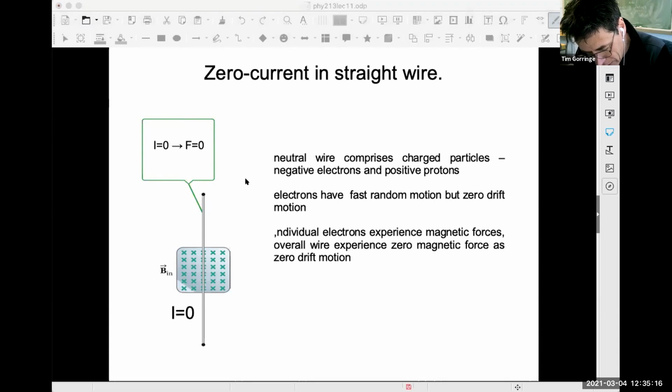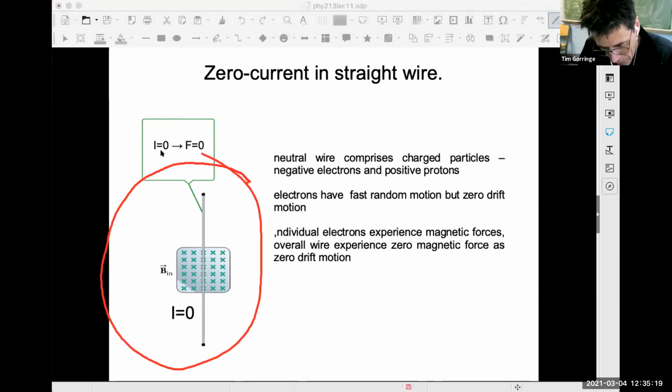Over here on the left, this region in the center of the sketch is a region of magnetic field. With the little x's, if you remember, we're showing that the magnetic field lines are headed inwards towards the screen. And we've stretched a straight wire across that region of magnetic field.